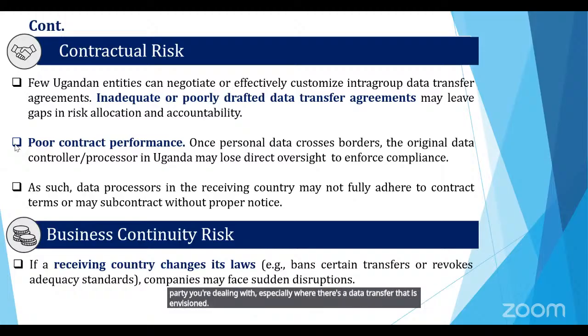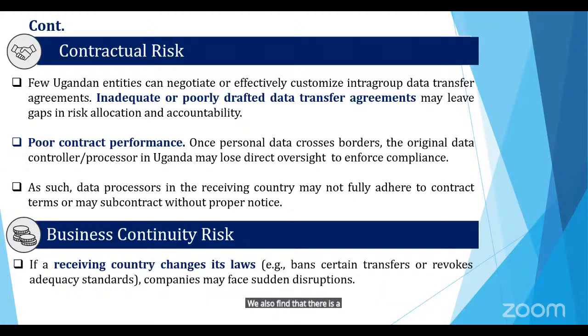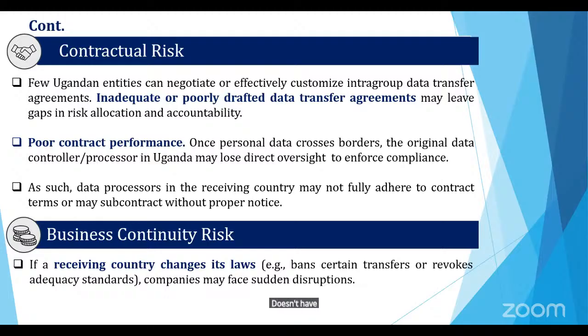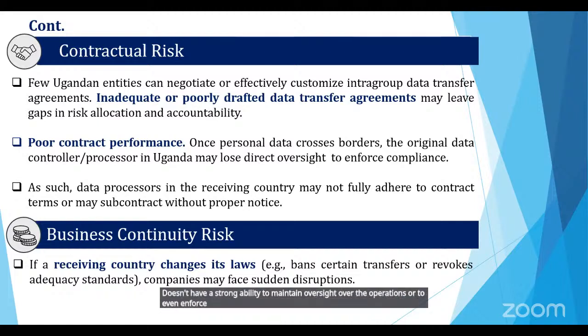We also find that there is a risk of poor contractual performance. So where data crosses borders from Uganda, in most instances, the data controller or processor in Uganda doesn't have a strong ability to maintain oversight over the operations or to even enforce compliance in that country.